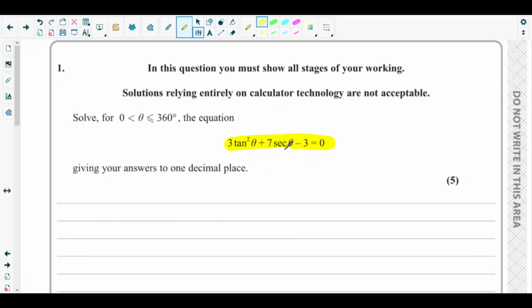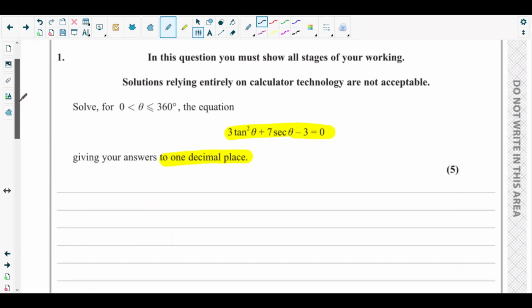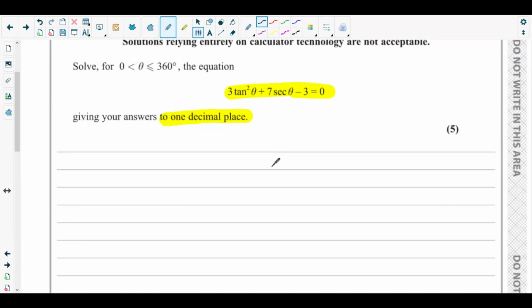The concepts behind this question are from trigonometry, discussed in chapter 3, trigonometric identities, of your Pure Mathematics 3 textbook. We need to give our answers to 1 decimal place.